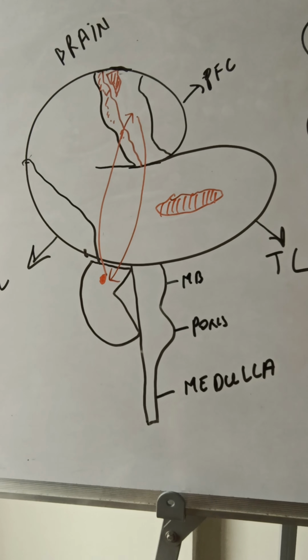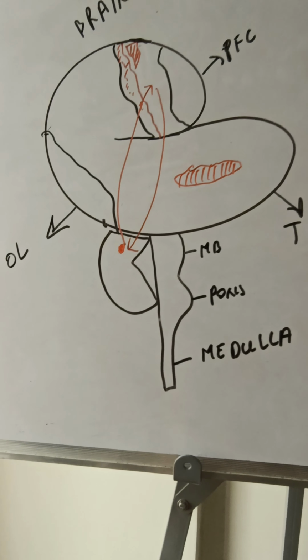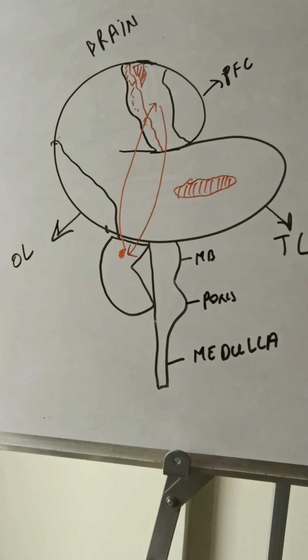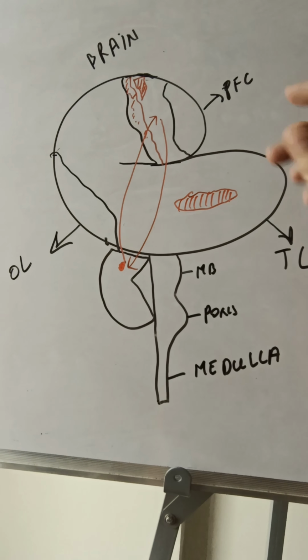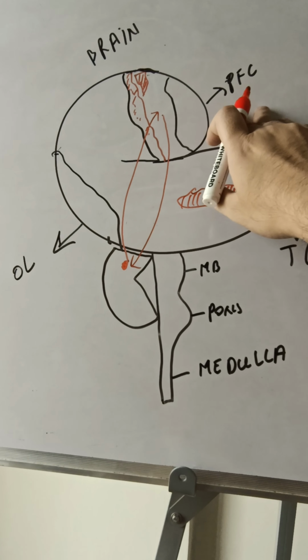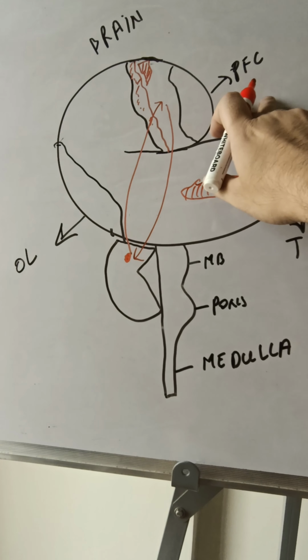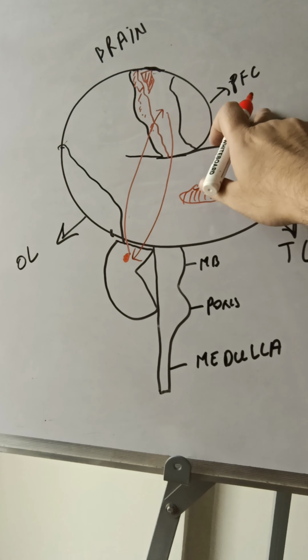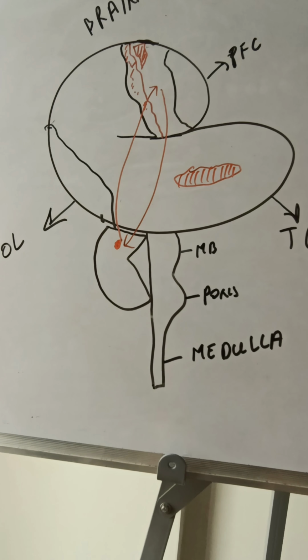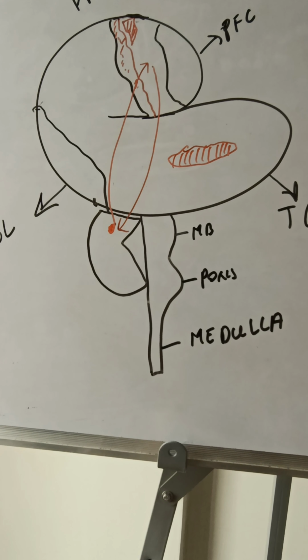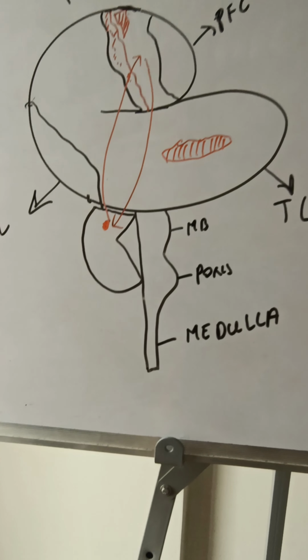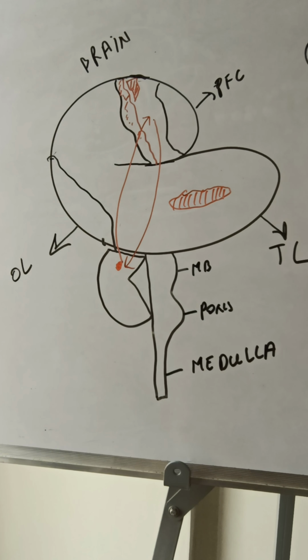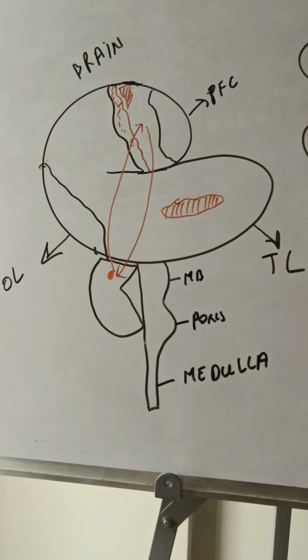So when there is suffering from inside, what happens to the brain? When we try to understand in terms of the prefrontal cortex, we understand that it helps you in thinking, understanding the situation pretty well, and making the right decision.